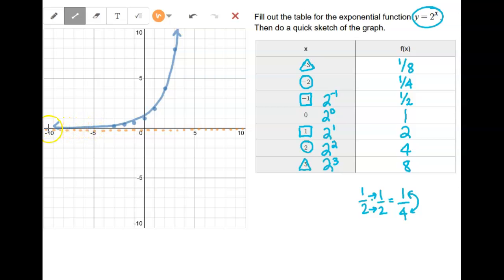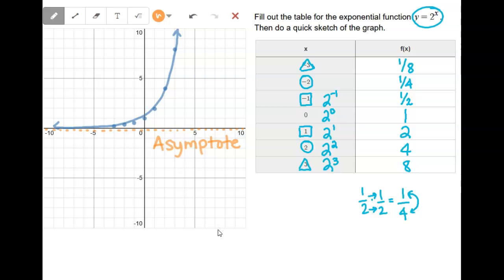It's just going to continue to get closer and closer and closer and closer to this line right here without touching it. So our asymptote, and that word is spelled like this. Okay, so this asymptote is a line that the graph never crosses and never touches.